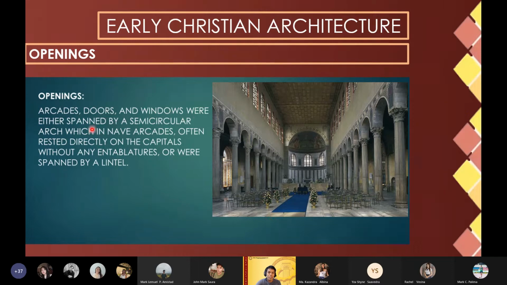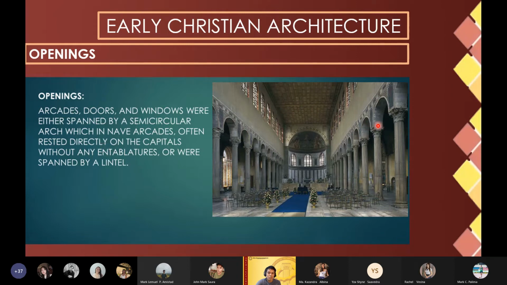Windows were either spanned by a semicircular arc. So the doors are also arches, and the windows too. Like for example, this window is called a clerestory. So they are arches. Often rested directly on the capitals without any entablatures.